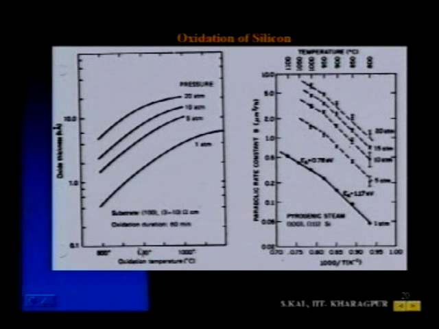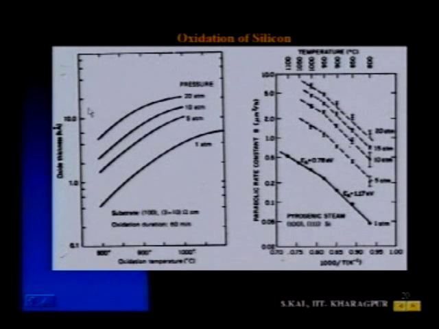So here also we can notice that if the temperature increases, the oxide thickness also increases. Whatever may be the ambient pressure in the oxidation chamber, if the oxidation temperature increases, oxide thickness increases.